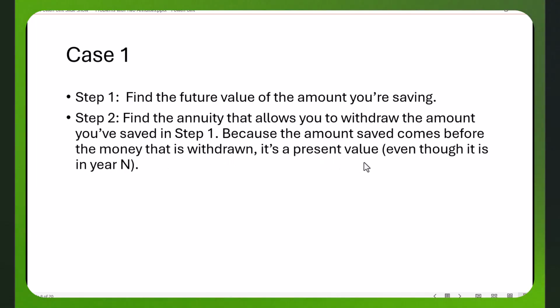It's a present value even though it's in year N. So in terms of present value and future value, it's when is that amount? Is it before or is it after? If it's before, it's a present value. If it's after, it's a future value.